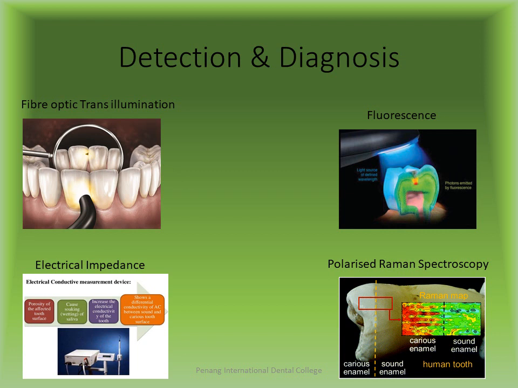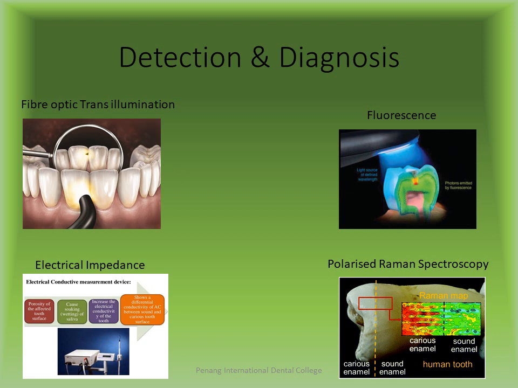Basically, when light is projected on sound tooth structure, it will let the light pass through very nicely, and you will get a clear picture. But the caries attack region will not let the light pass through, because of which you will be able to see the defect very clearly.